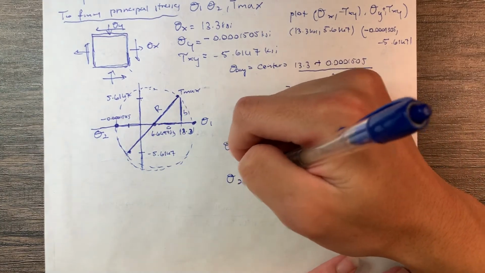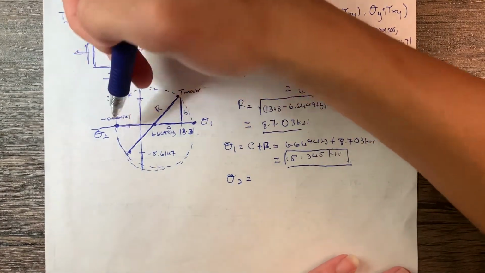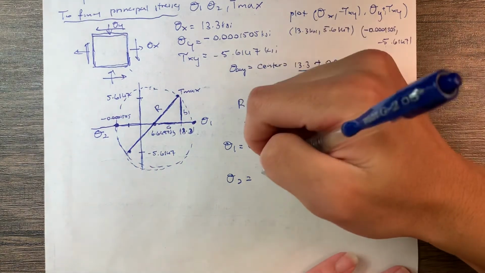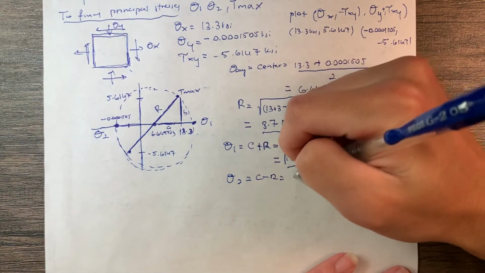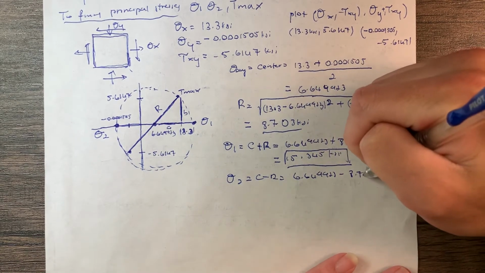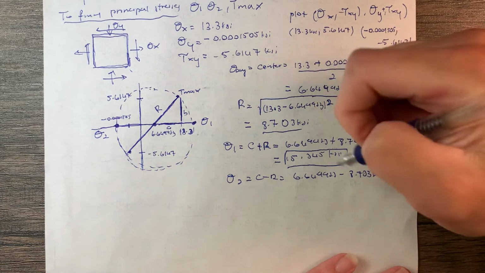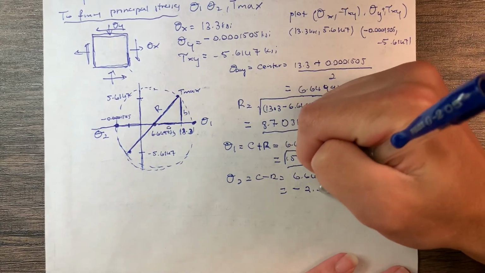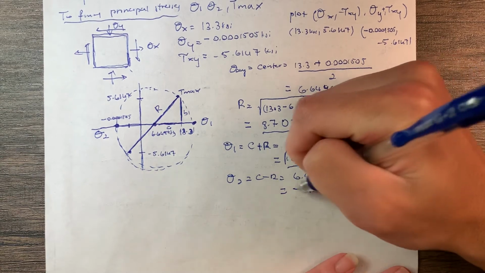And sigma 2 is just the opposite one. It's on the other side, so it's the center minus the radius: 6.649923 minus 8.703 KSI, which comes out to negative 2.061 KSI.